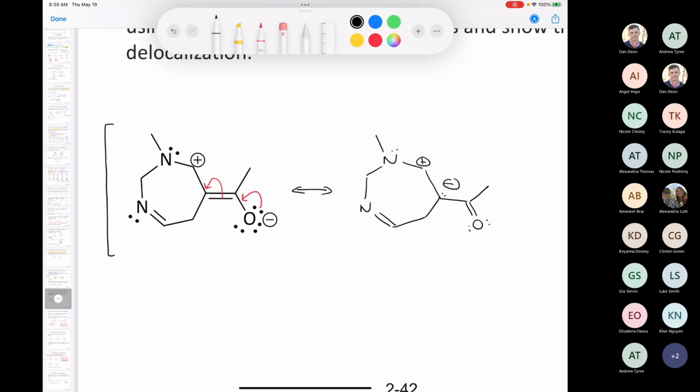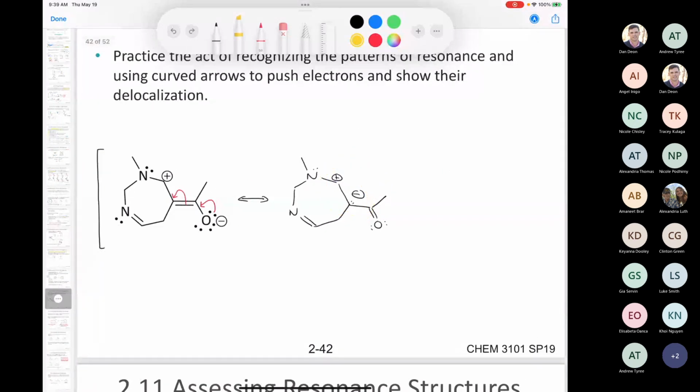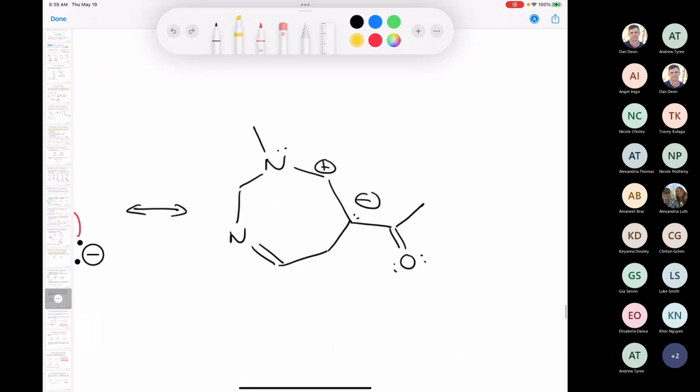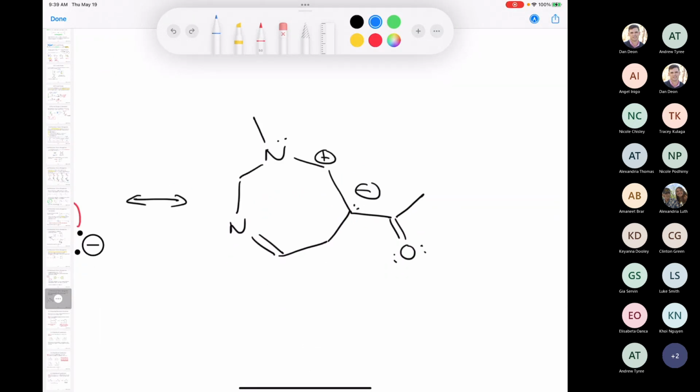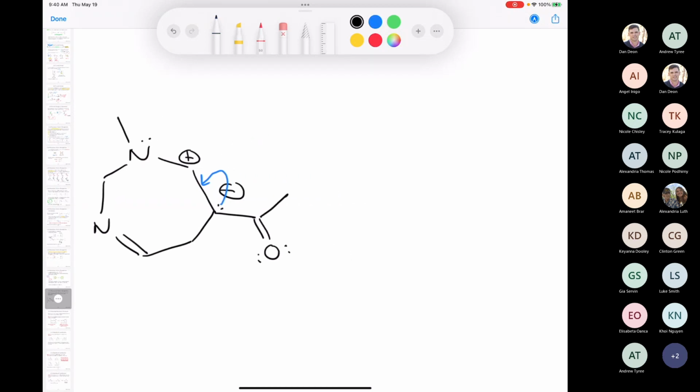Okay, well, something I noticed right away is that I have a pair of electrons on that carbanion right next to the positive charge of the carbocation. So I'm going to put those electrons in here to fill up that empty p orbital. I'm just going to dump them in here, make a pi bond. Yep, that's what I'm going to do. So I'm going to draw that resonance contributor.